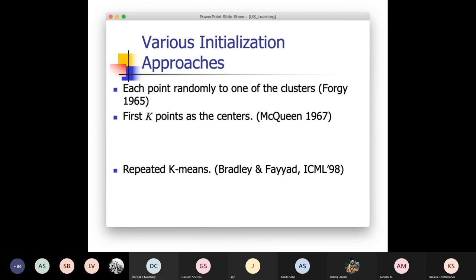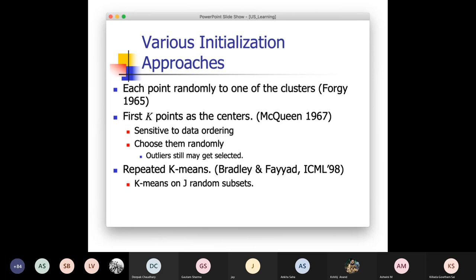That's a simple approach. Randomly, you choose one of them as the clusters, or take the first k points as the centers. You see that all are data points themselves, which means you are avoiding those situations where a cluster center could be arbitrarily very far away. At least they are within the data set. It is sensitive to data ordering, and if chosen randomly, outliers may still get selected.